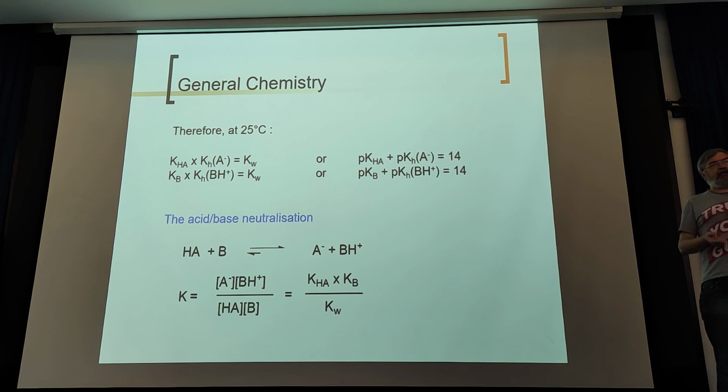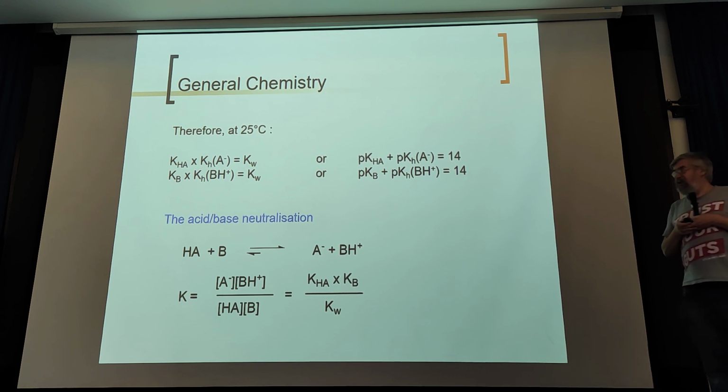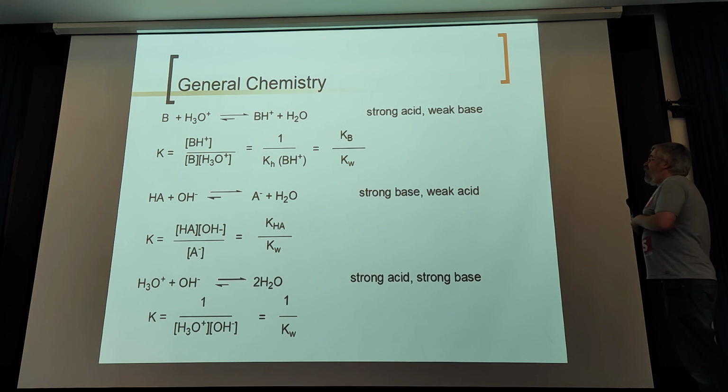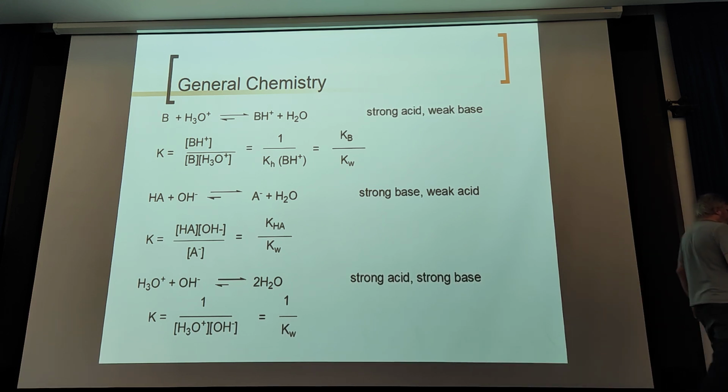Now, how it actually looks is going to be very dependent on the strength of the acid and the base. Suppose we have a strong acid and a weak base. The definition of a strong acid is that it is completely ionized to H3O+.